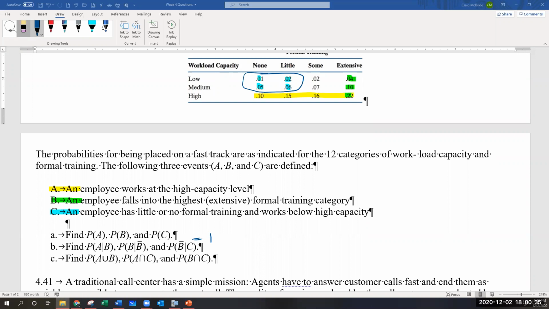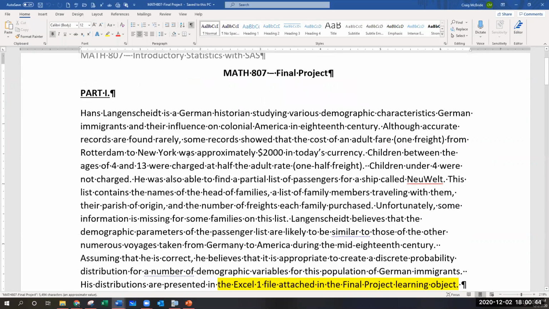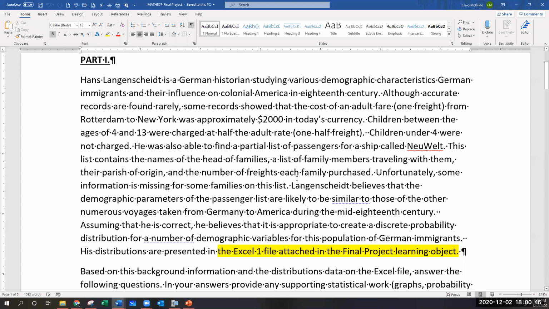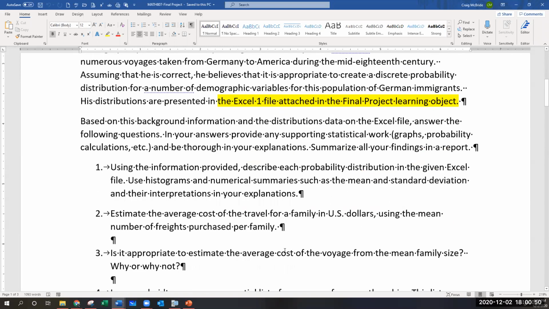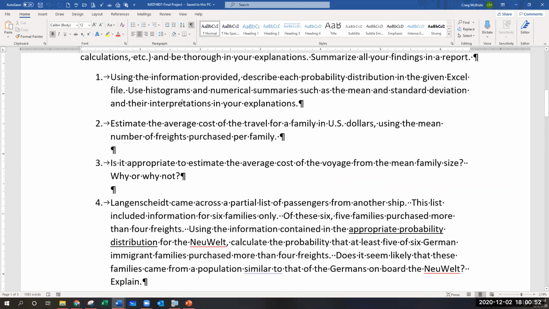Let me just bring up the final project questions so you can see. So in part 1, you've got this data that's in an Excel file, and you're basically using that data to just get some answers, right?